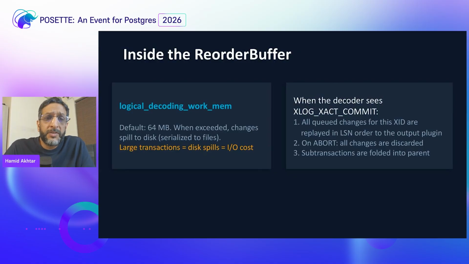But it can suffer from certain issues with work mem: if there's a very large transaction, it might end up writing to disk, costing significant IO. So that's one caveat with large transactions.